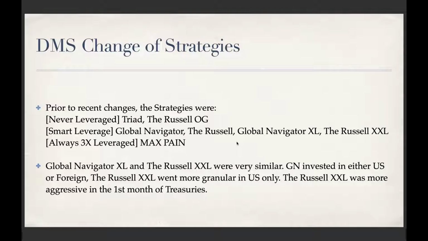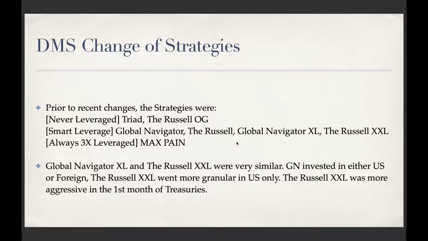I had these strategies that use smart leverage: the Global Navigator, Global Navigator XL and Russell XXL. The XL and XXL, that was my nomenclature for going more aggressive when you're out of equities into treasuries. The XL would go into extended duration treasuries, and XXL would go into TMF. And then the always 3x leverage strategy is Max Payne.